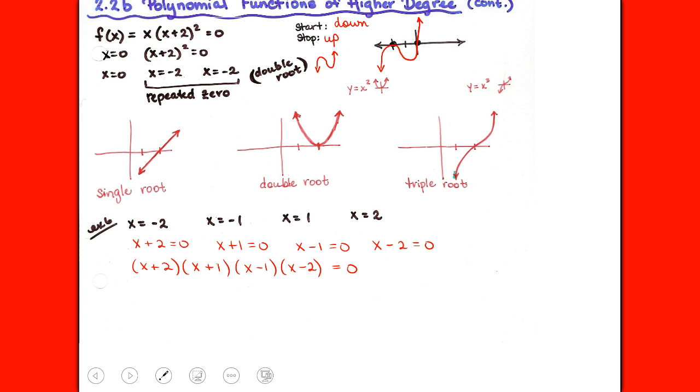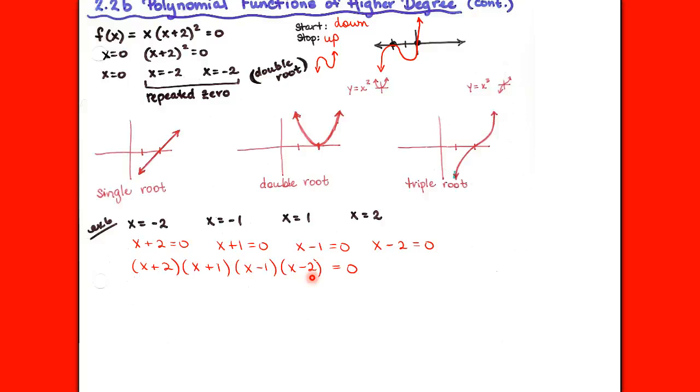Let's string them all together, x plus 2, x plus 1, x minus 1, x minus 2. Let's string them all together and set them equal to 1 0. And then we're just going to need to multiply these back together again.